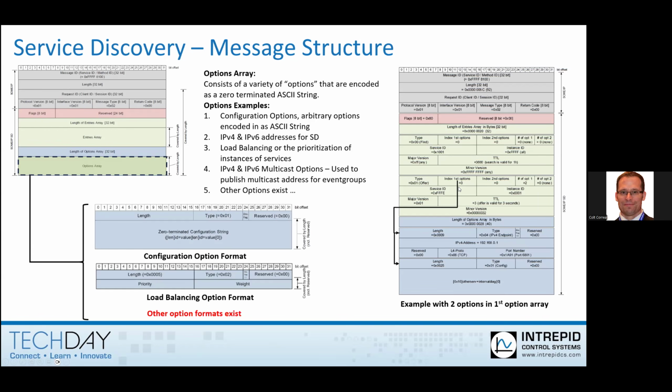So one type of service discovery message is for an ECU to publish an IPv4 or IPv6 address, as well as ports associated with specific services, so that the system can dynamically learn what services are available on what IP addresses.